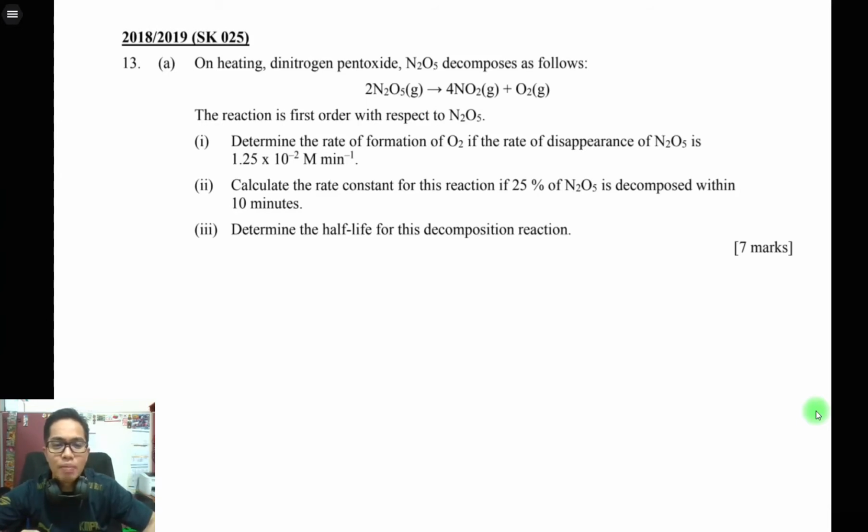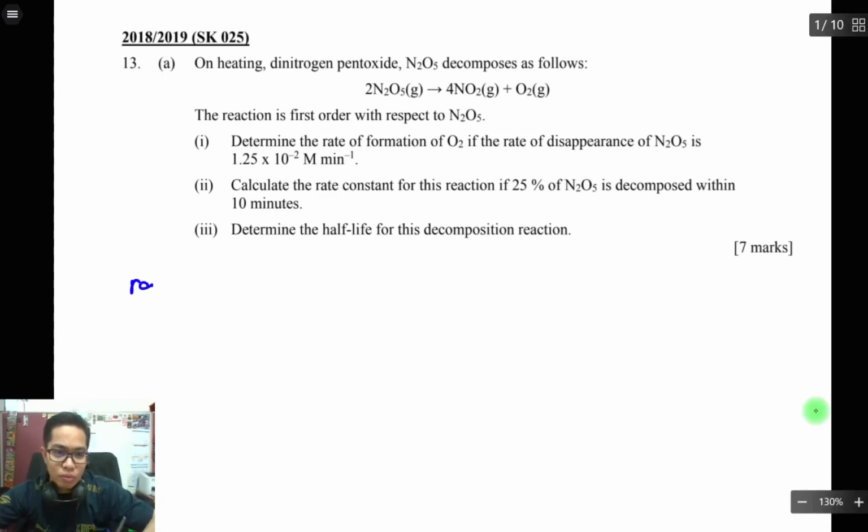Number 1. Determine the rate of formation of O2 if the rate of disappearance of N2O5 is 1.25 exponent negative 2 molar per minute. So for this question, what we need to do is the differential equation first.